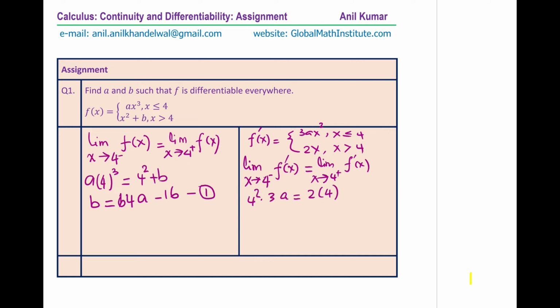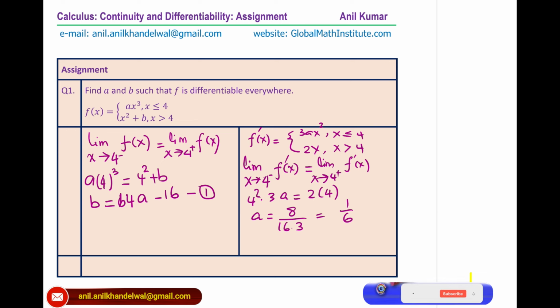So a we can easily calculate from here. a is equal to 2 times 4, which is 8, divided by 4 squared times 3, which is 16 times 3. So we get 1 over 6 as the value for a. Let's call this our equation 2.